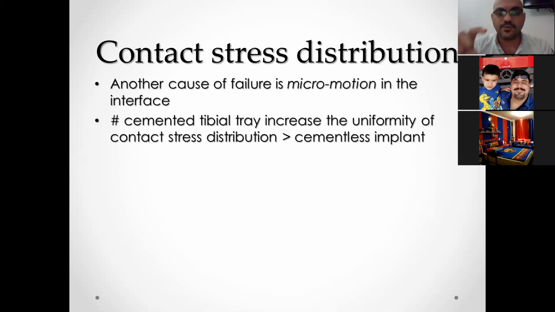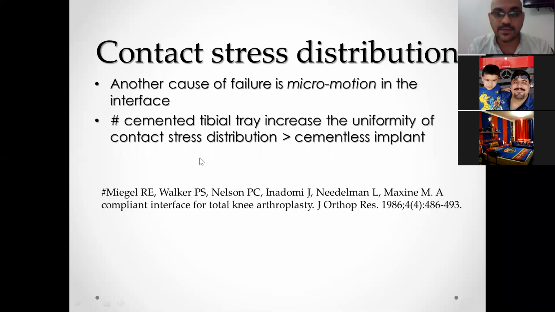You have to put in a tibial tray larger than 6 millimeters, but not too large. This depends on the cement in the tibial tray. This will increase the conformity and uniformity of the stress distribution at the implant-bone interface, which is more distributed than the cementless, as shown by Miguel in 1986.